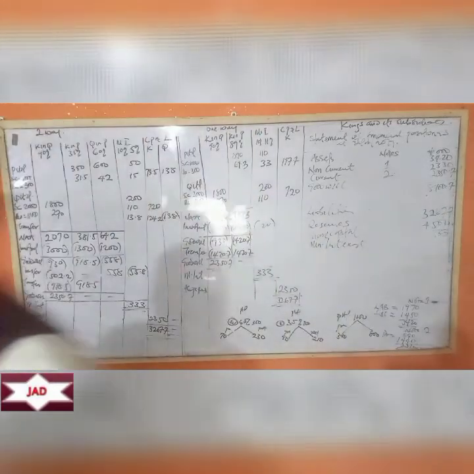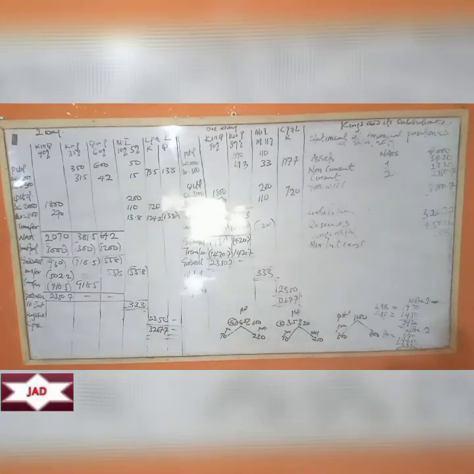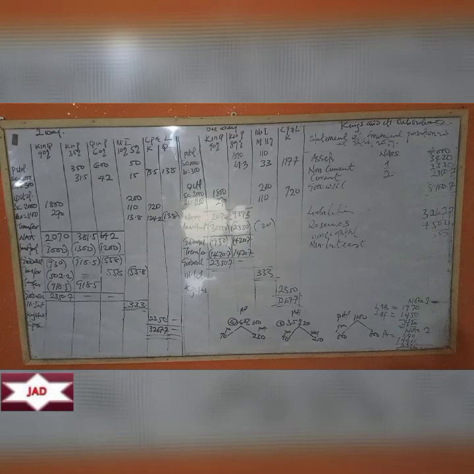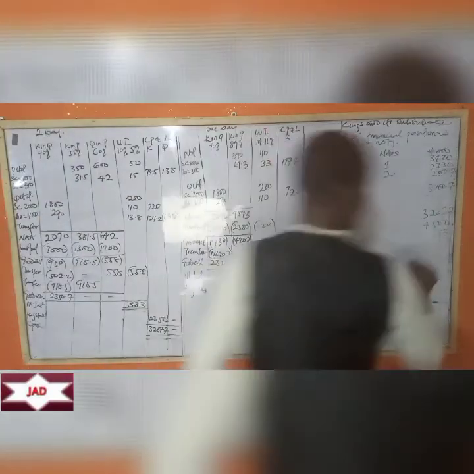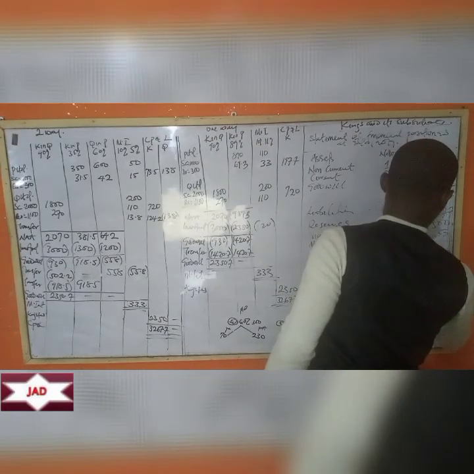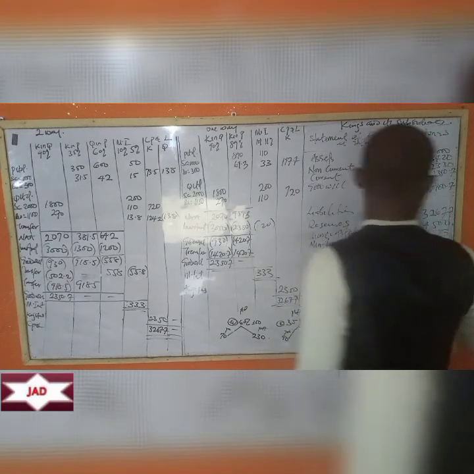What do we have? 3267.7 plus 4,500 plus 333. So we have 8100.7.